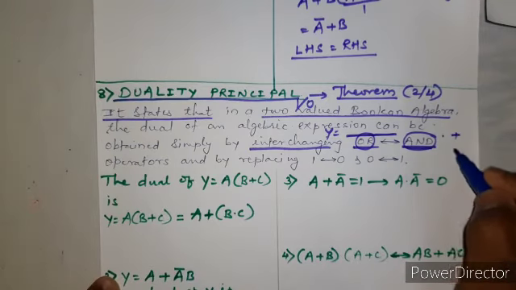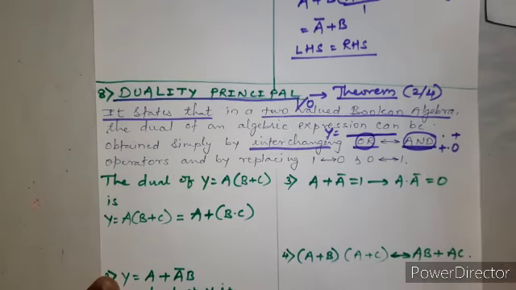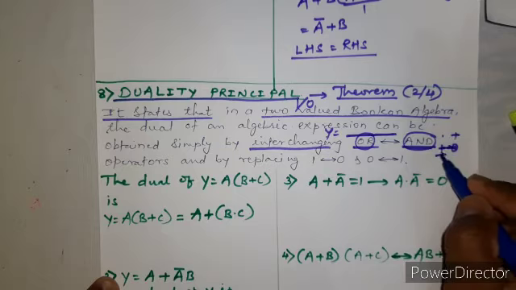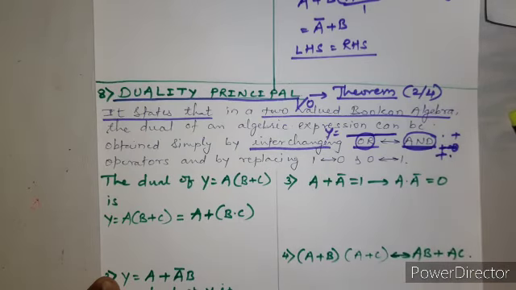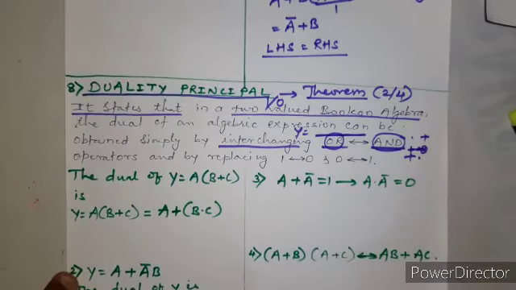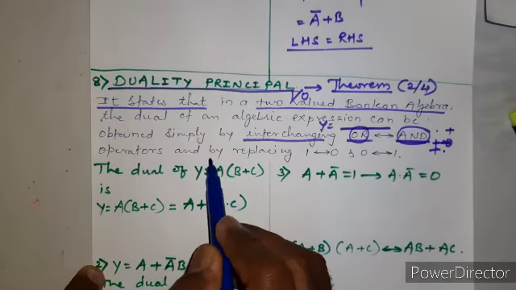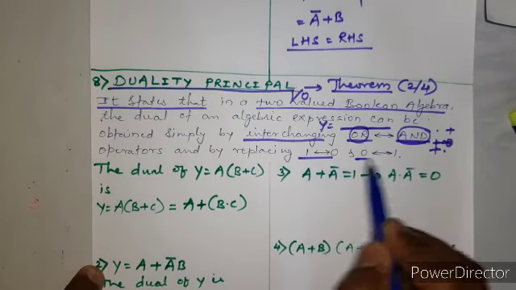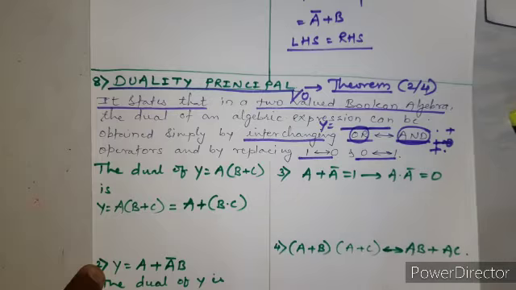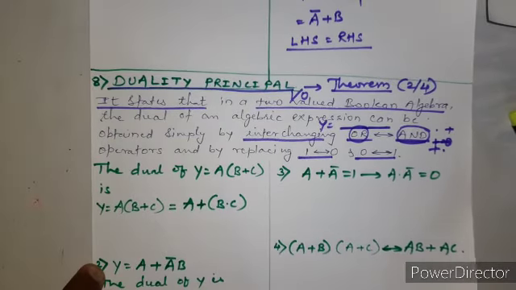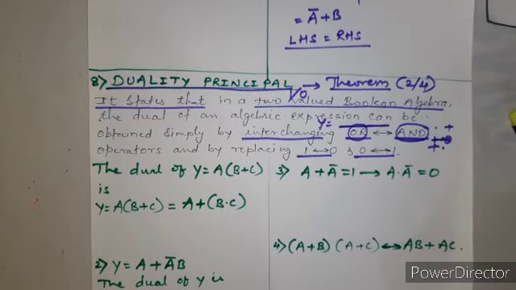So dot replaced by plus, plus replaced by dot, and replacing 1 by 0 and 0 by 1. So I have to just flip logical addition to logical multiplication and logical multiplication to logical addition.